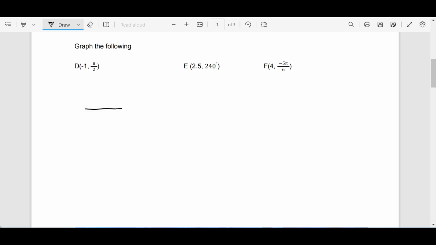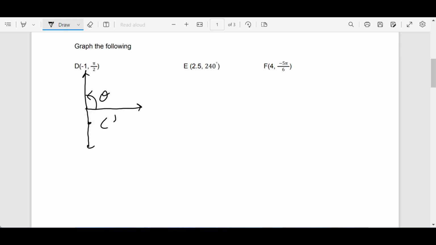So let's draw the polar axis. We have pi over 2 up here, and then it's -1. So we're actually going to be going backwards, right? Because if positive 1's down here, we're actually going to be going down there. So straight backwards.